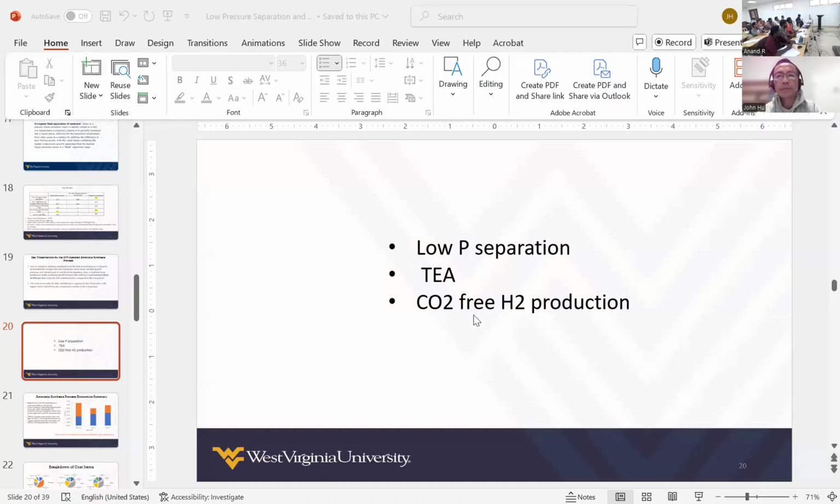Can you see my slide? Yes, sir, we can see. Okay. Something is blocking my screen. It says your default microphone has changed. I need to let this disappear.